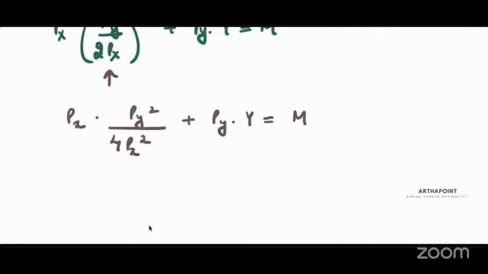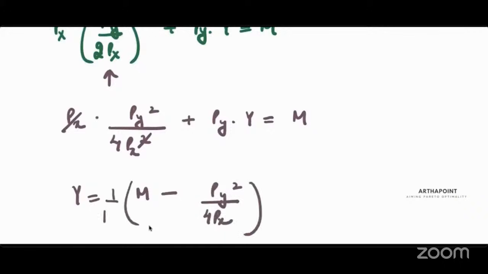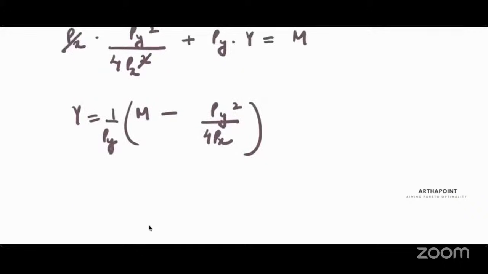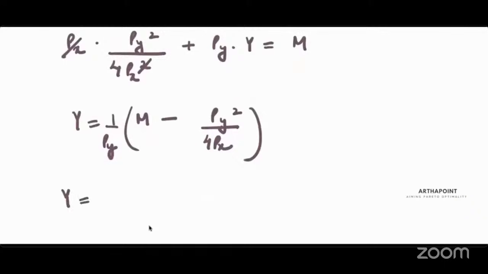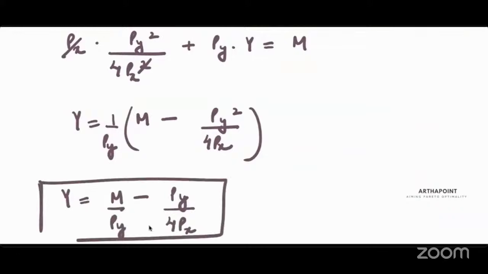And just find y from here. So you will get y is equal to m minus py square by 4px. This will be your value of y.